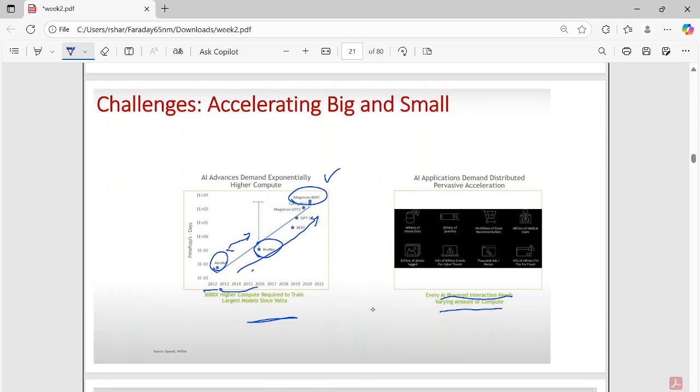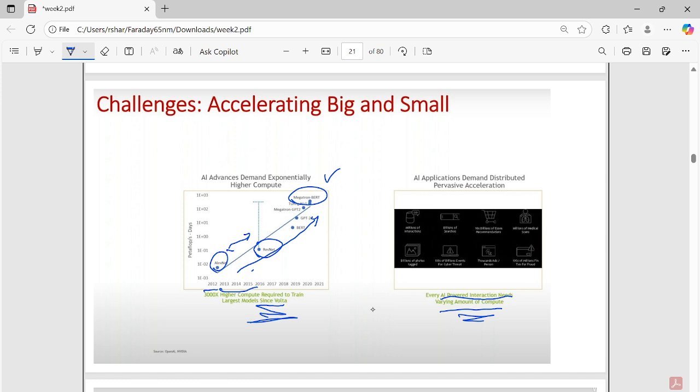So this is a scale up problem, and this is a scale out problem, because we need to cater to so many users, and that is the problem which the enterprise deploying an AI is trying to solve.